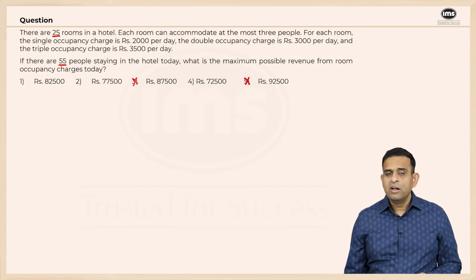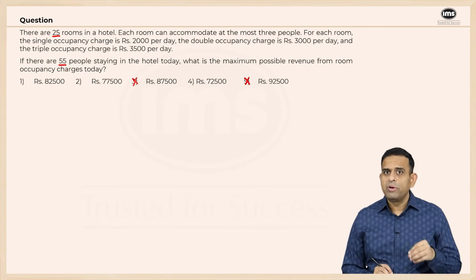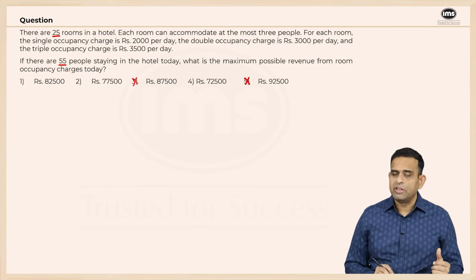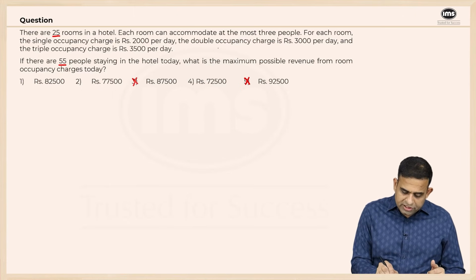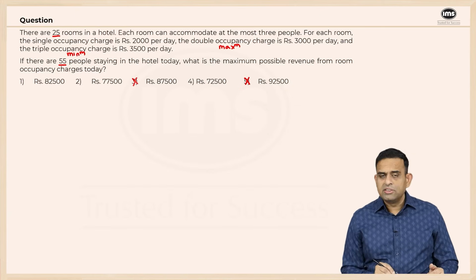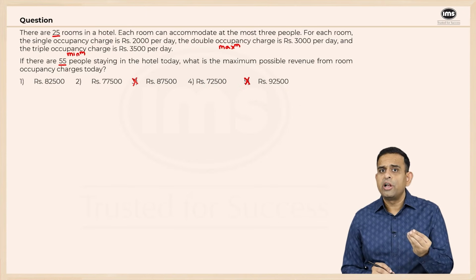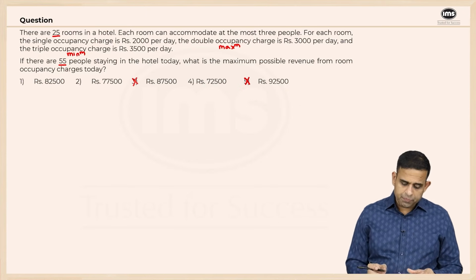But keeping in mind 25 rooms and 55 people, some rooms definitely have to be triple occupancy as well. So we want to maximize this, and we want to minimize this particular part, keeping in mind that the average is going to be more than 2 persons per room here.